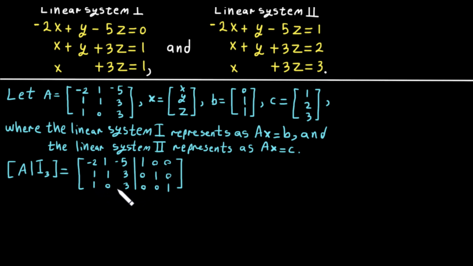This row is better to swap with this row, because here we already have 0, unlike this one; if we swap this one with this row, then we have to make this one 0. Of course, you can divide this row by -2 to make this one 1, but it will be a lot of fractions.